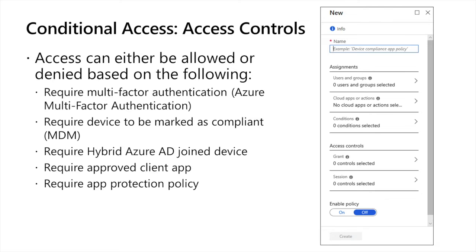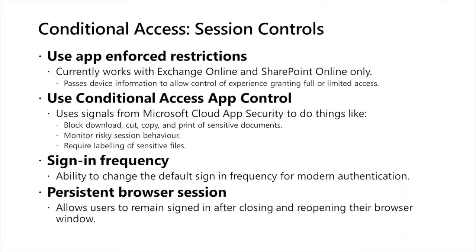It needs to be patched. The user, you may require multi-factor authentication for it. Does it require the device to be domain joined or hybrid domain joined? Is the app approved? So you might have a list of approved apps within your organization.